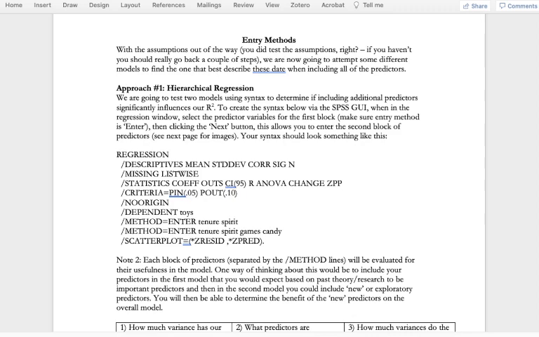Now, this can be confusing sometimes because typically we just throw everything in there and see how it goes. But when we think about a regression, our predictor variables, those are all correlated, right? So the amount of tenure someone has probably is correlated with the amount of spirit that someone has.